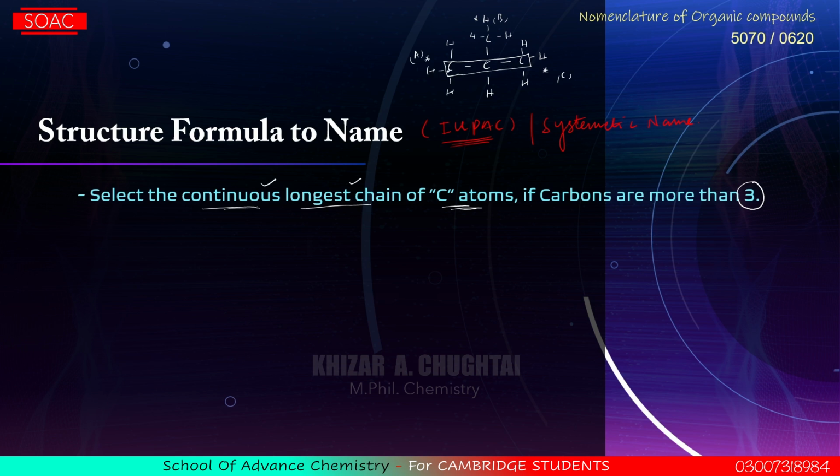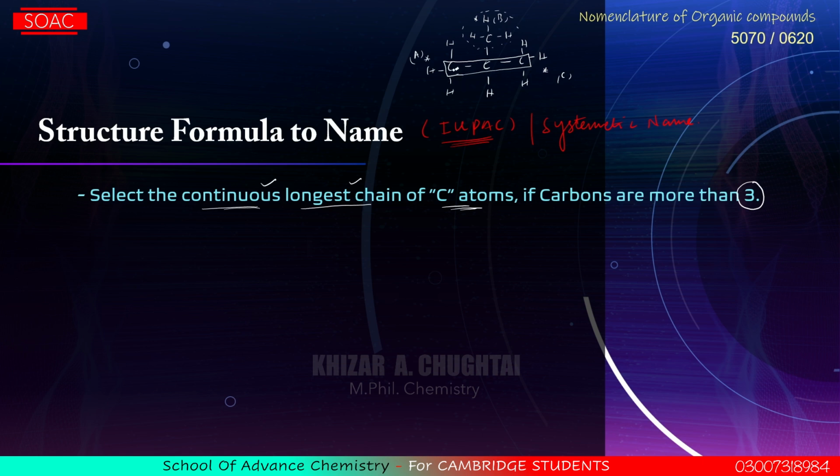So whenever you are moving from A to C, there are 3 carbon atoms and one group of carbon that is said to be a methyl group, CH3 group. This is not part of the longest chain.